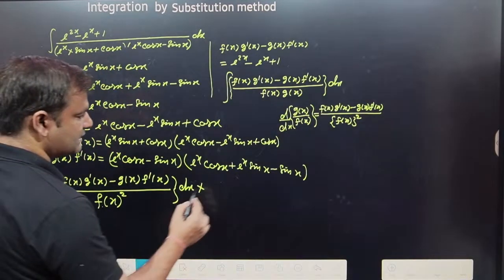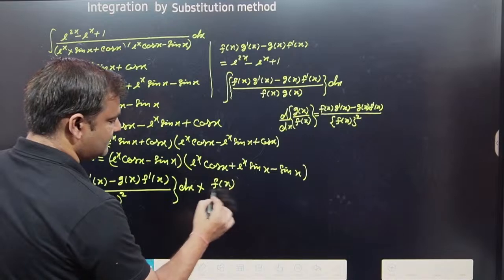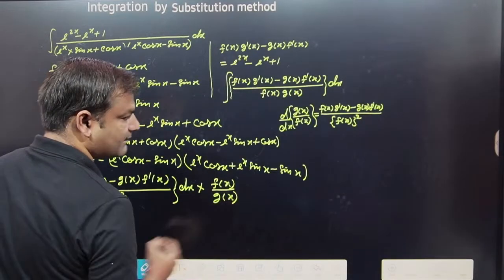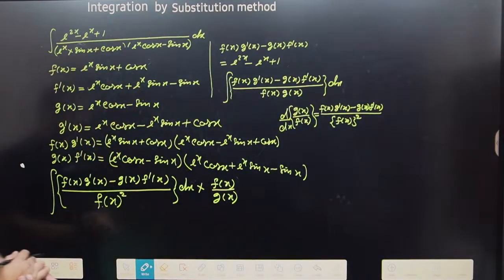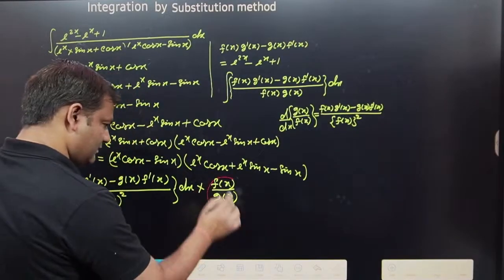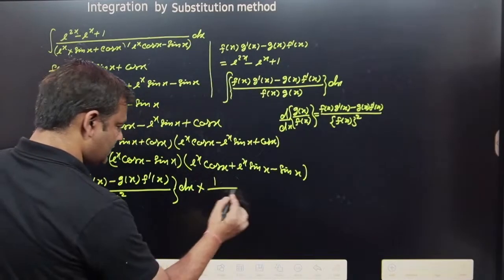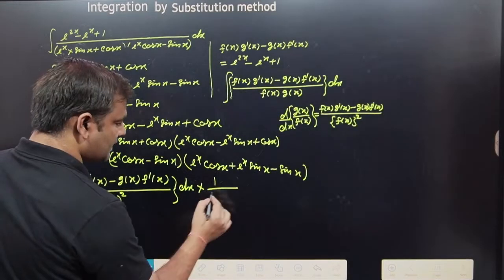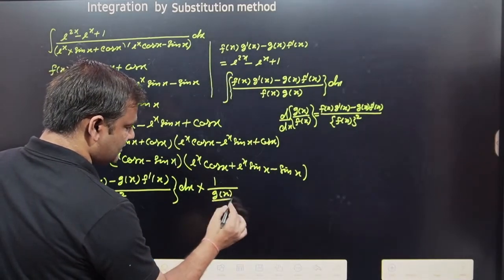So you can say that f of x divided by g of x, or in another way, 1 upon g of x divided by f of x.